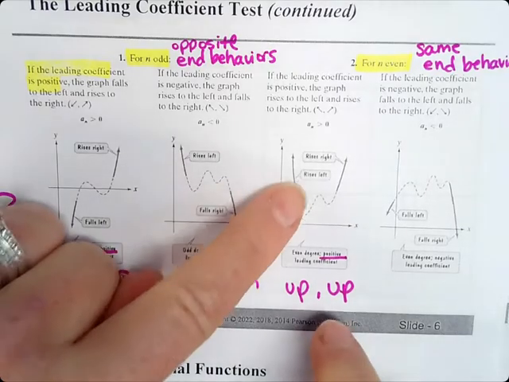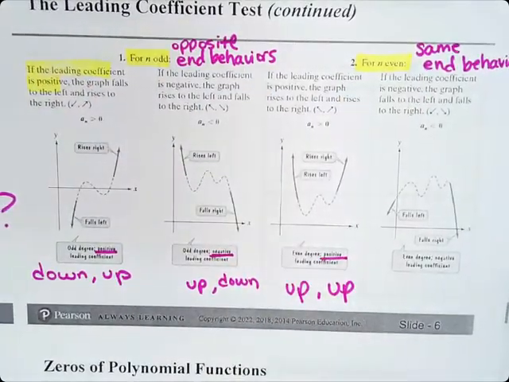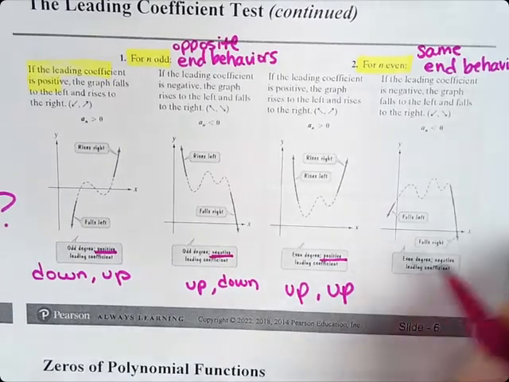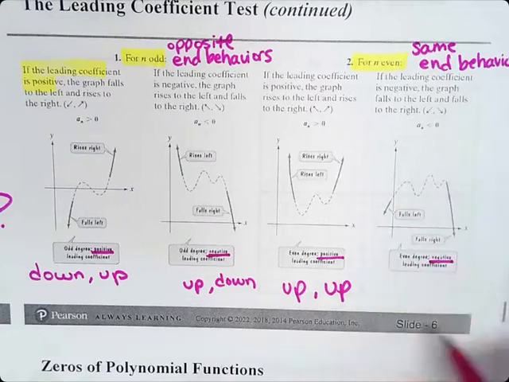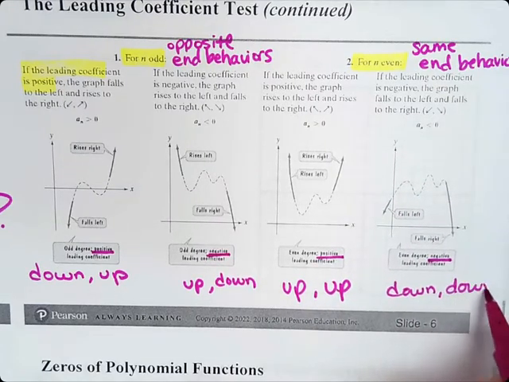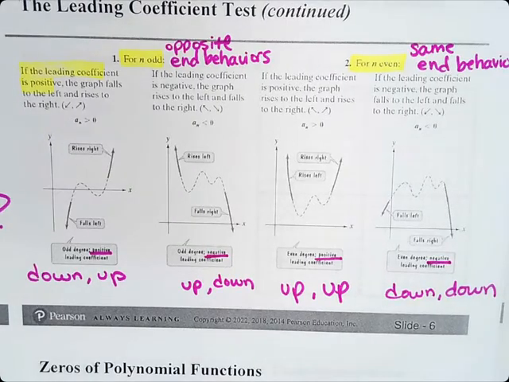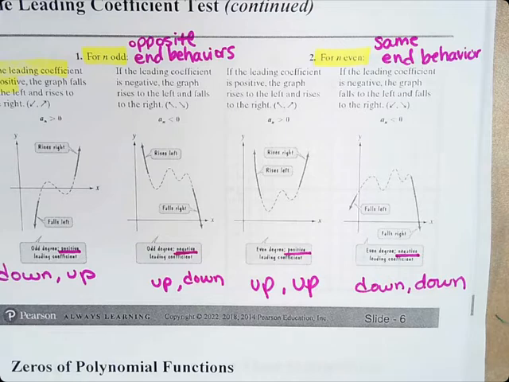To the left, it's continuing up, and to the right, it's continuing up. And then if we have a negative leading coefficient, it's going to go down, down. It has the same end behavior for even degrees.